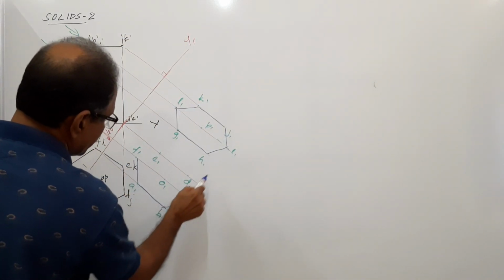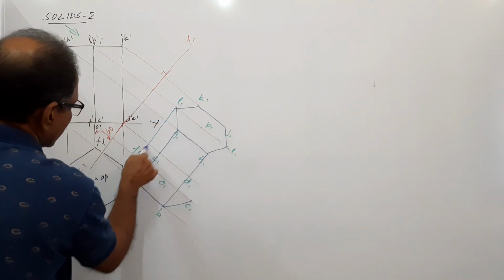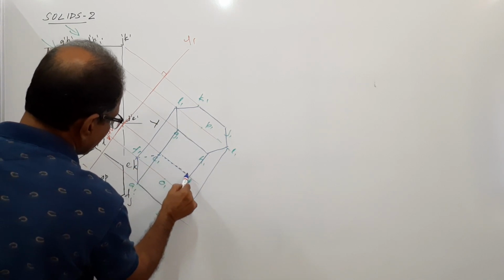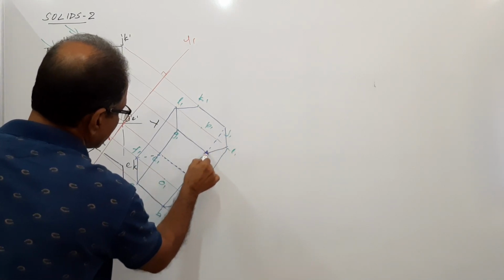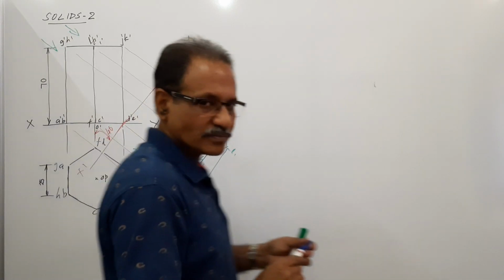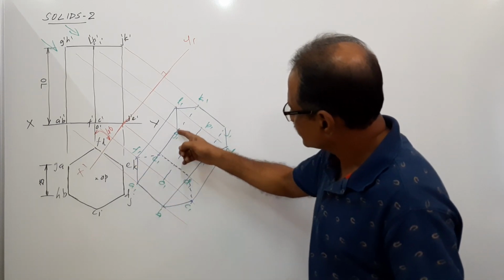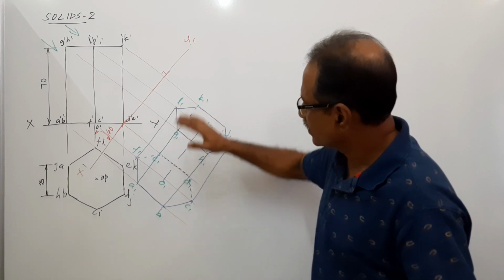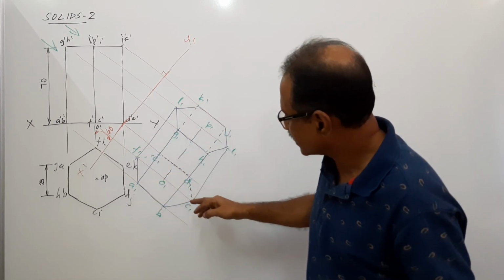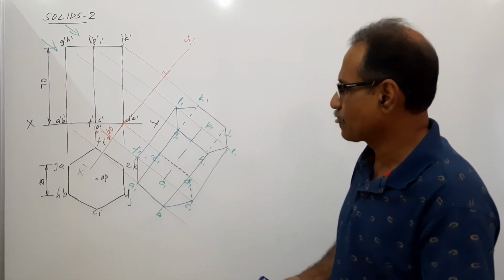The rest dotted, axis chain link. A1, B1, C1, D1, E1, F1, G1, H1, I1, J1, K1, L1. GH, IJ, K will be visible out of the bottom hexagon. CD, DE and EF will be invisible, axis chain line.